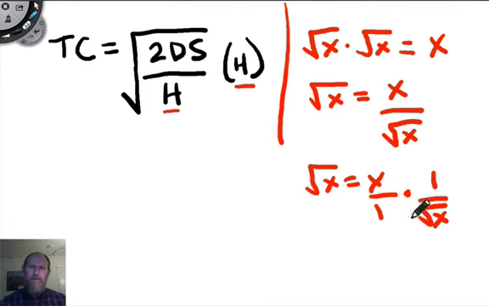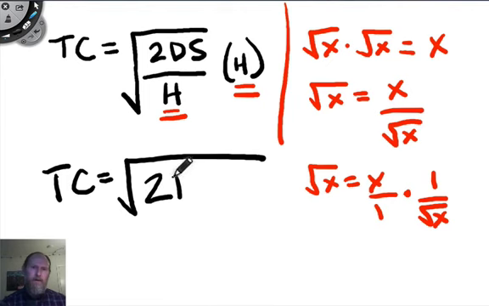Okay? So, essentially what we have with this equation, X over 1 is like saying H over 1 times 1 over the square root of X times 1 over the square root of H. And so all this right here, that there, and this here is why we can say that total cost equals the square root of 2 times DS, but then this all equals H under the square root as well.